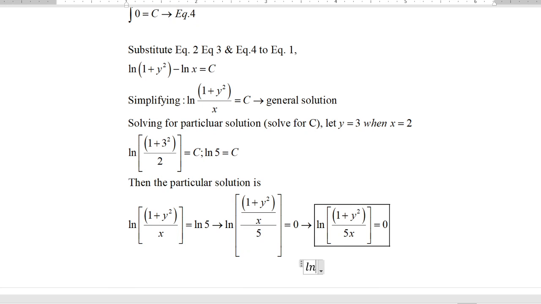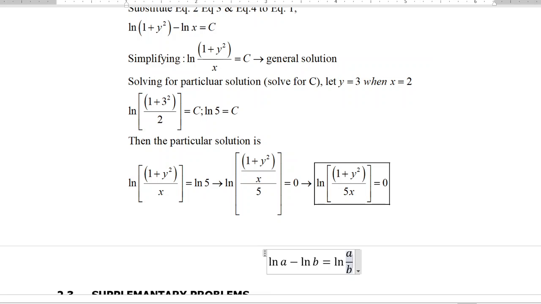Kapag ln a minus ln b, magiging ln a over b. Yun lang yung ginamit doon sa equation na ito. ln a minus ln b will be equal to ln a over b.